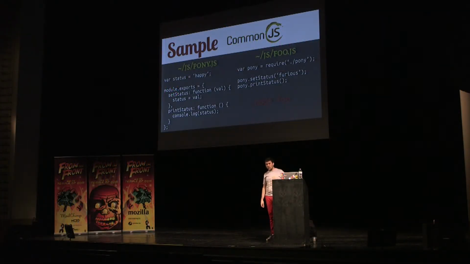So in Node, you would run that as node foo. Foo would get to the require statement, load pony.js, and just work. But that's Node. How do you even do that in the browser? It's not like you have a file system, right?